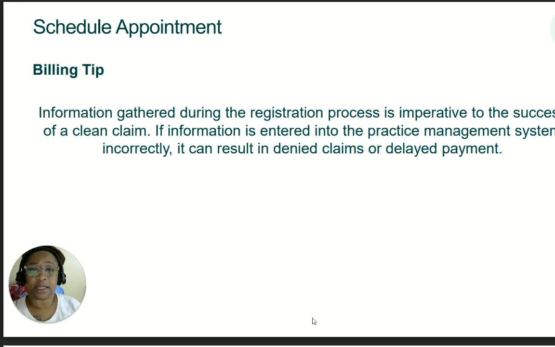So if anything is off, such as name, date of birth, even a digit off of the date of birth, or a digit or a letter off from the ID number or name, or if we have an incorrect name which is different from what's on the insurance card, this will cause a rejection for the claim, meaning it never left the system.